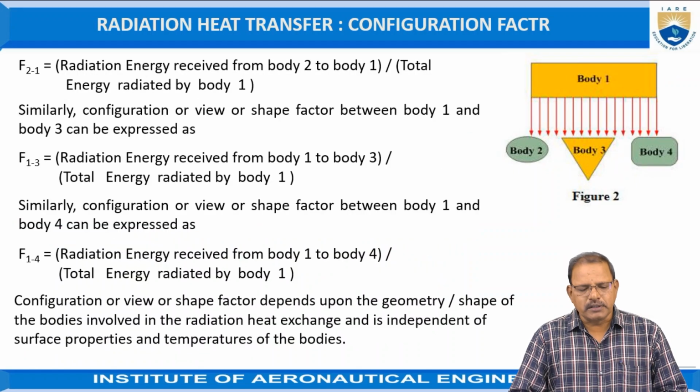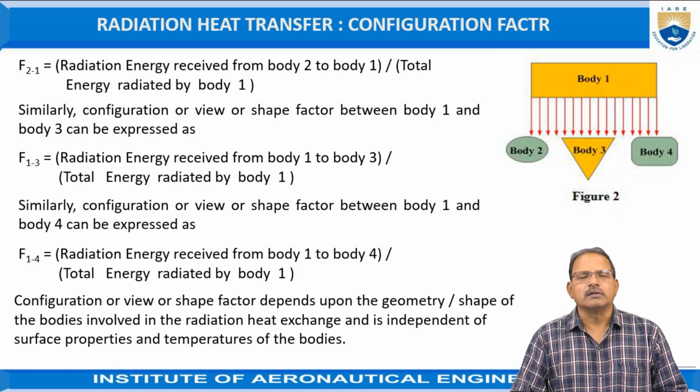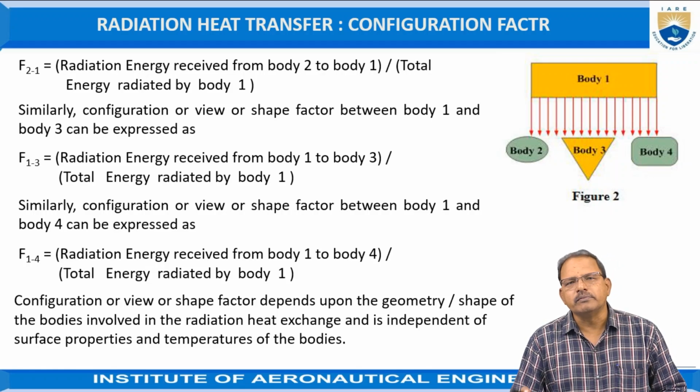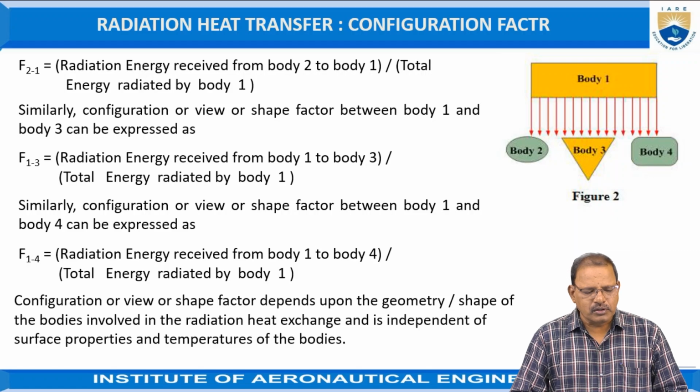If F21 is representing the amount of energy that is radiated from 2 to 1, because body 2 also has a certain temperature, it also radiates certain energy. The amount of energy received by 1 from 2 is given by F21. It is equal to the radiation energy received by body 1 from body 2 divided by the total energy radiated by body 2.